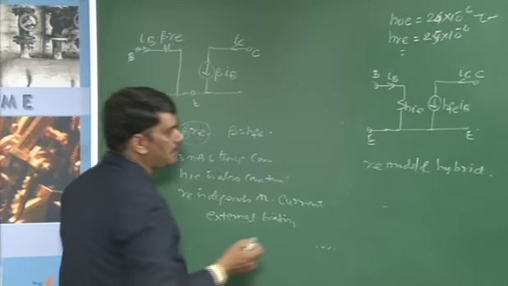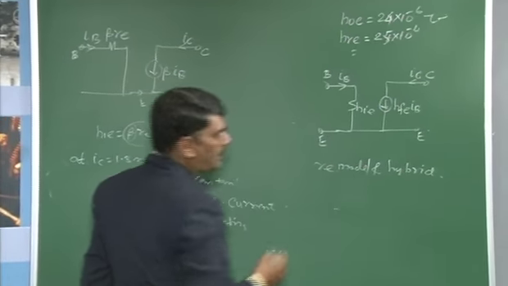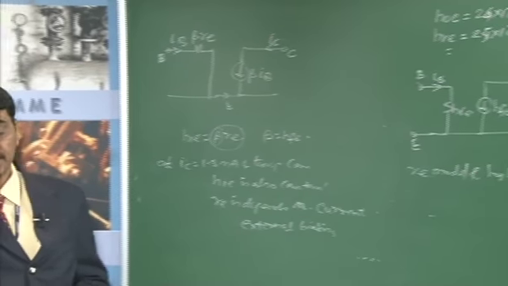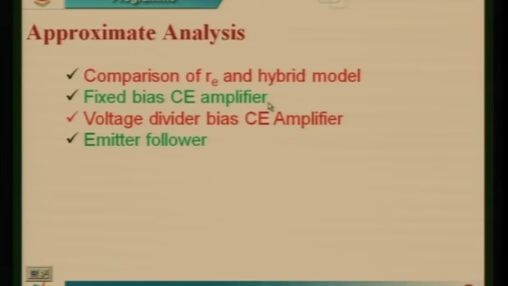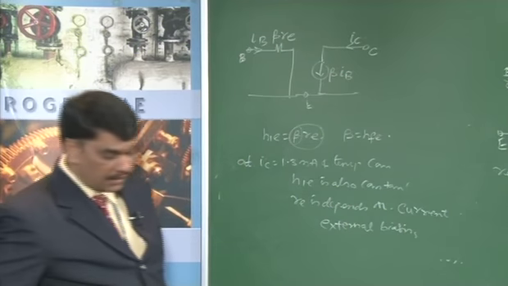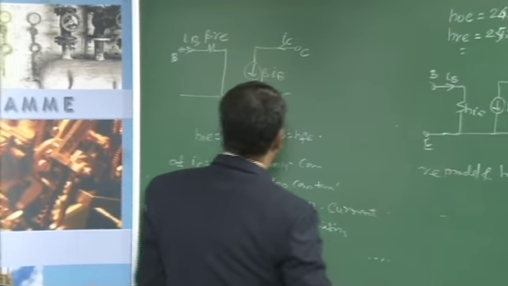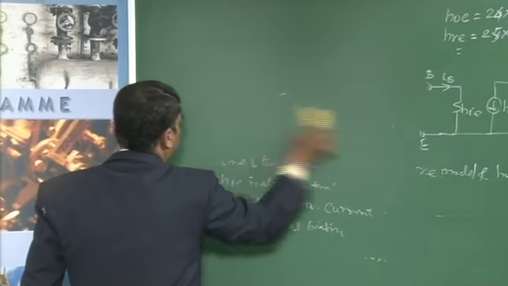Using this simplified RE model or hybrid model approximate analysis, we are going to discuss in detail the fixed bias common emitter amplifier, the voltage divider bias common emitter amplifier, and the emitter follower. Now let us consider the first case, a fixed bias circuit.